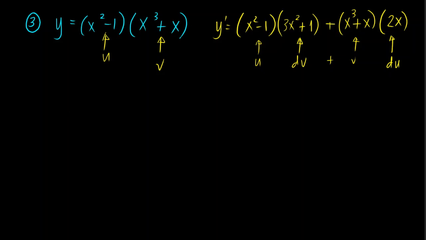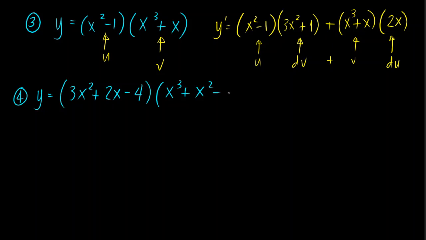Pero makita nyo gid ang pulos ng product rule kung malaba-laba na ang aton nga mga terms or functions. So example, 3x squared plus 2x minus 4 times siguro x cubed plus x squared minus x. Example lang eh. Kung ini siya, i-distribute mo, kalaba sang imo nga hilimuon, di ba? Pero kung kabalo ka sa product rule, y prime. So, you know this is u, you know this is v.